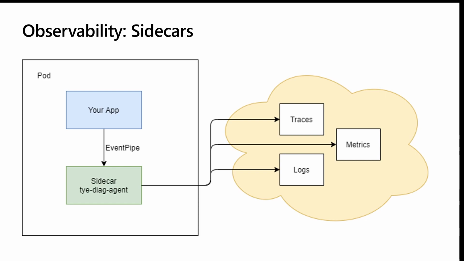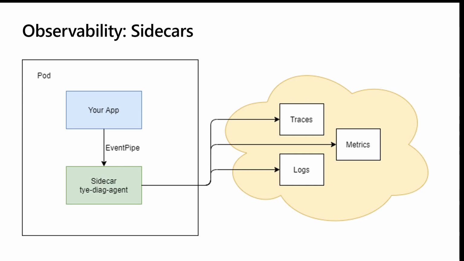So what Tye is doing here builds on something new as of .NET Core 3.0 called Event Pipe. If you've seen dotnet-trace or dotnet-counters or any of these other diagnostics tools that we've been working on, basically you can connect a process to a .NET Core process and spy on it, as long as you've got permission and you're on the same machine.